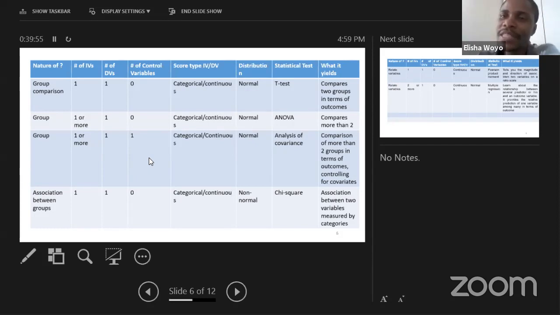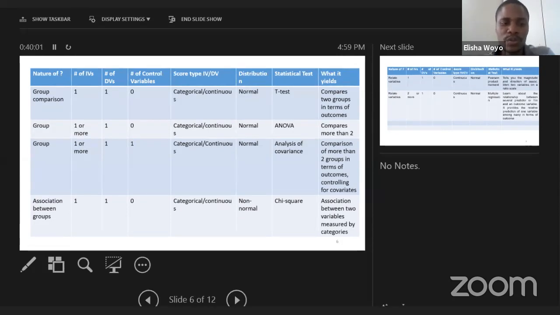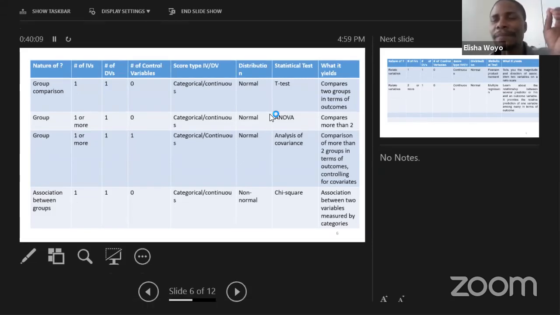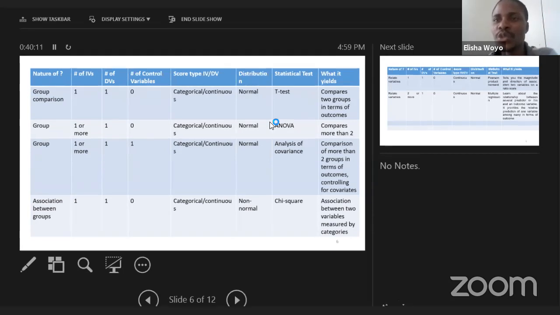What does the research question require you to do? Because that is very critical in the choice of the statistics to use. What is the nature of the research question?